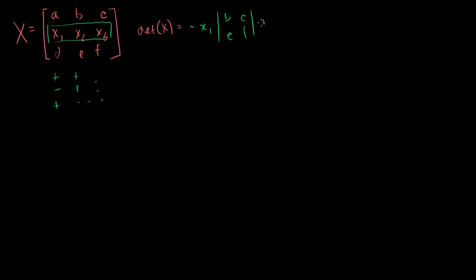Then you have plus x2 times the submatrix, get rid of that column, that row, ACDF. And then finally, minus x3, you get rid of its row and column, you have ABDE.